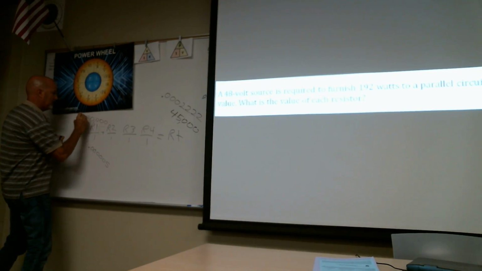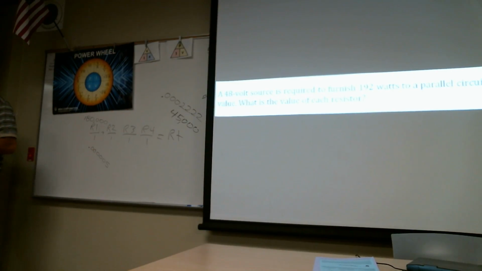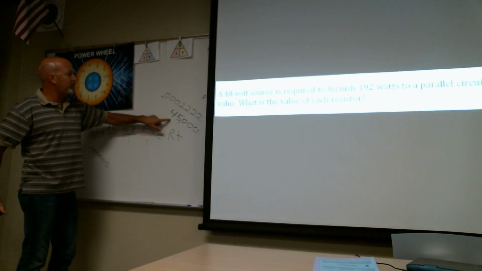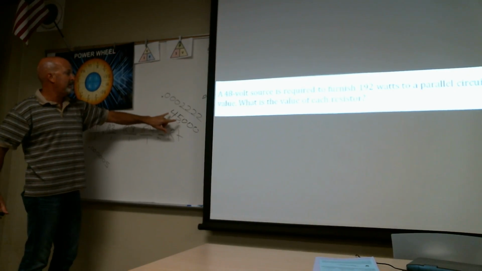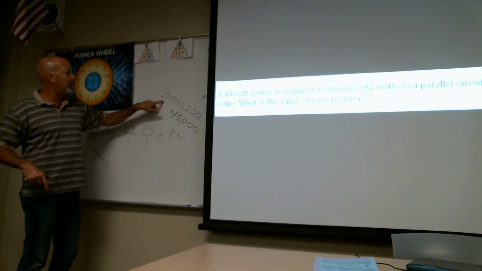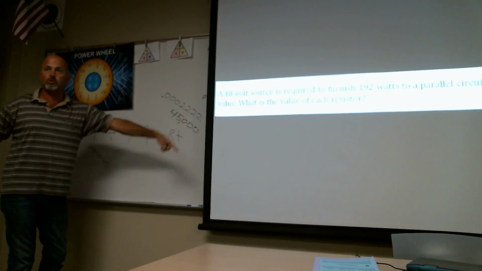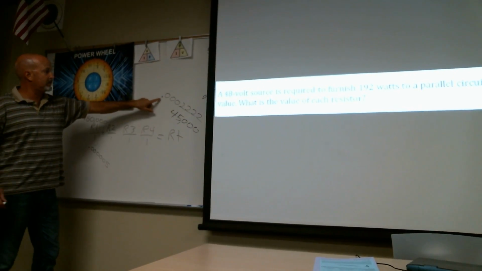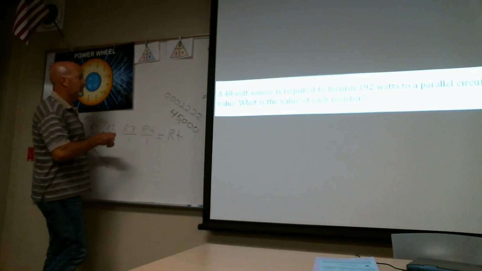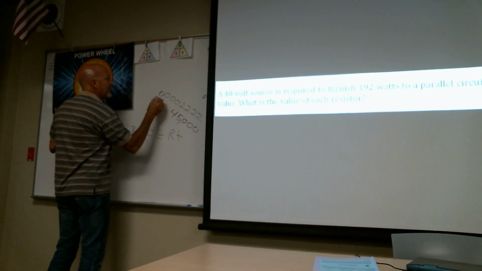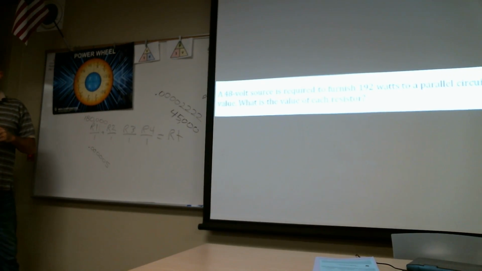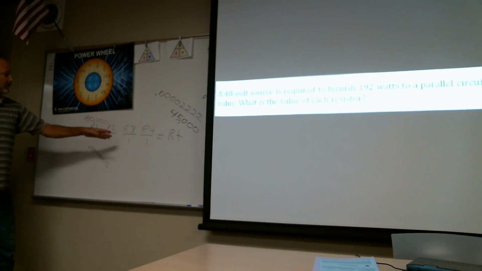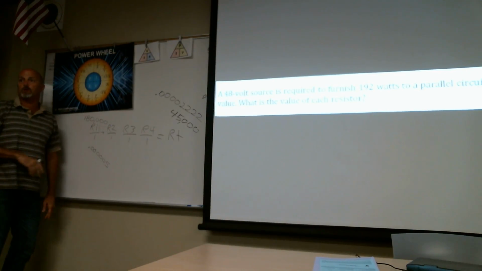When you took 45K and you did 1 over x, you got 0.00022222. Missing a 0 in there. This one had 4 zeros. Okay. When you divided that by 4, see, we did this in reverse.